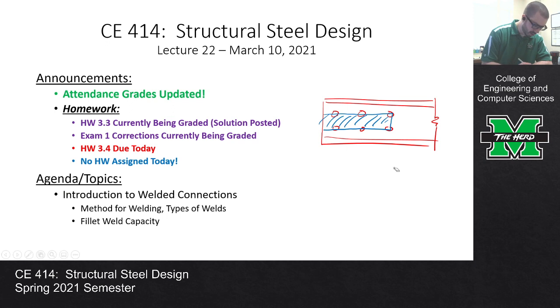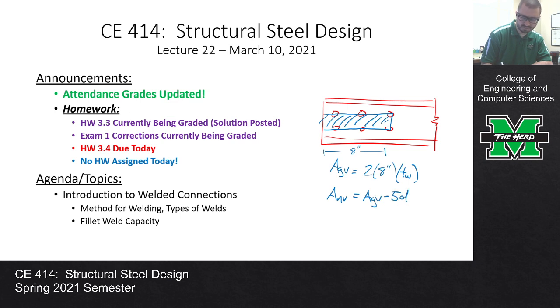So, when you're doing AGV, this dimension was 8 inches. AGV is 2 times 8 times tw. And then ANV is AGV minus 5 bolt holes.